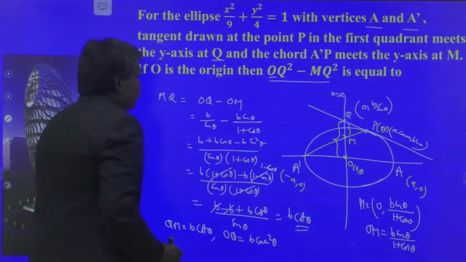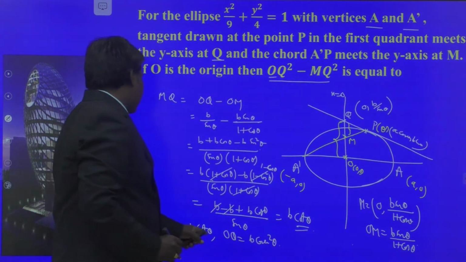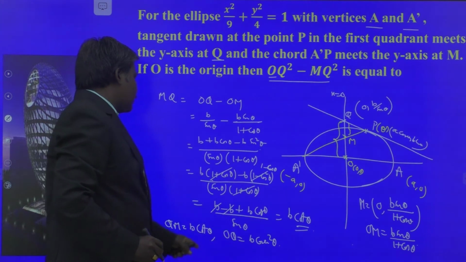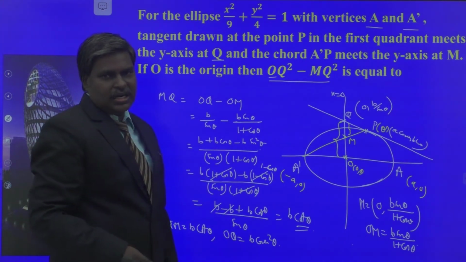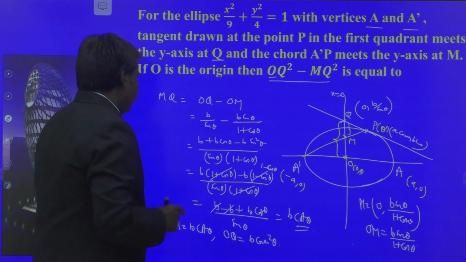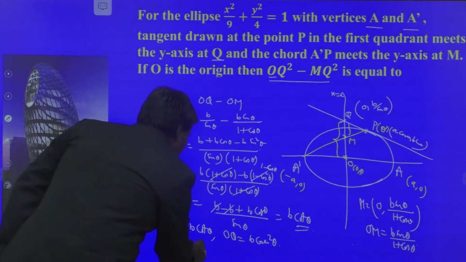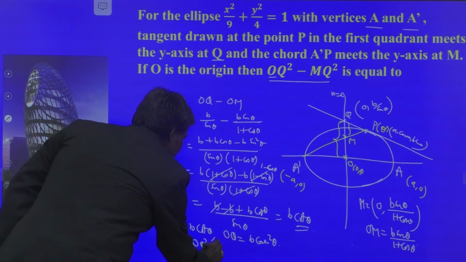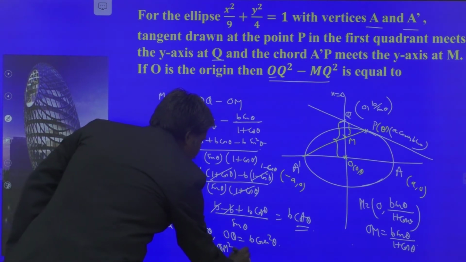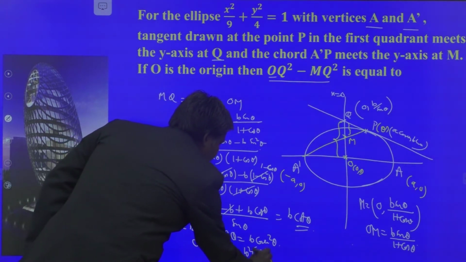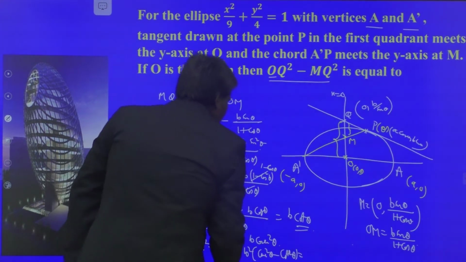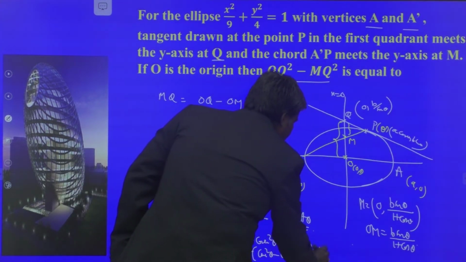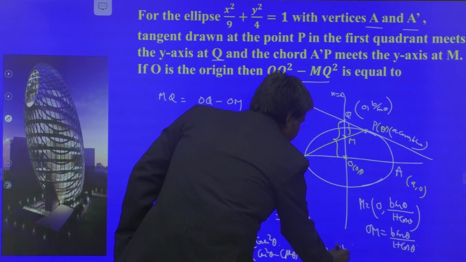The game is over. OQ square minus MQ square. OQ square means b square cosecant square theta minus b square cot square theta. Cosecant square theta minus cot square theta is 1. So we have b square. Therefore OQ square minus QM square is b square times 1, which is b square.